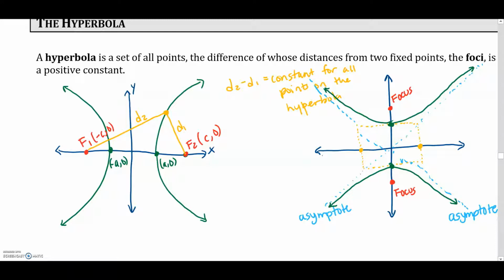Now the axis that connects the two vertices is called the transverse axis. The axis that connects the co-vertices is called the conjugate axis. All of these key features are also present when our hyperbola opens left and right, and they are all identified in terms of our a and b values in the table below.